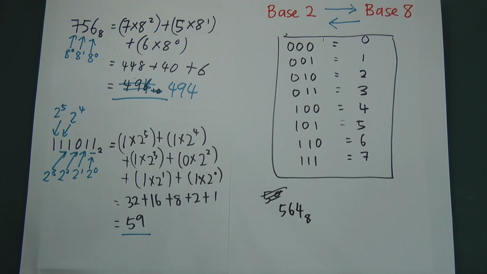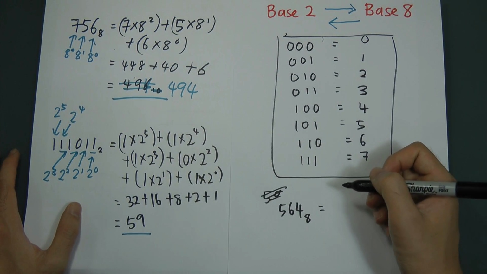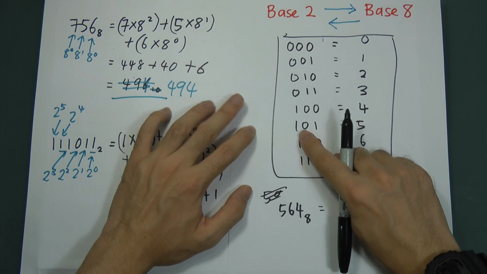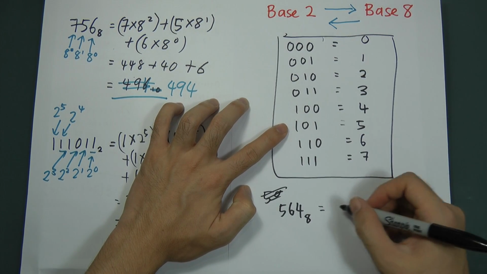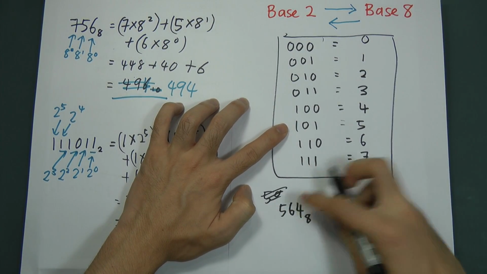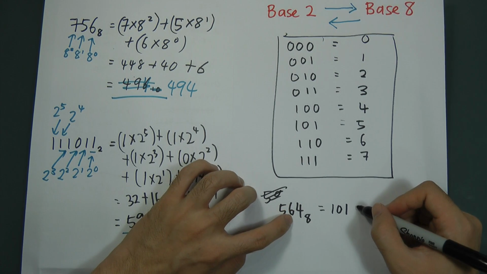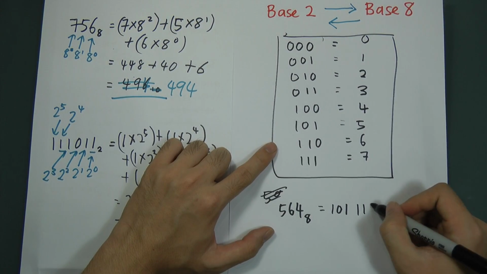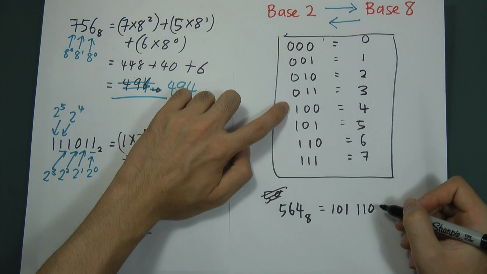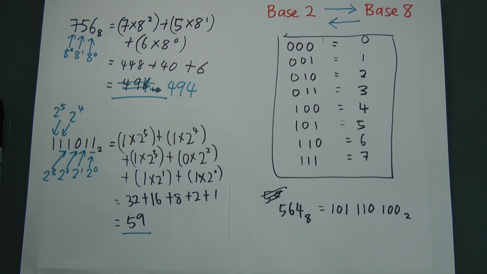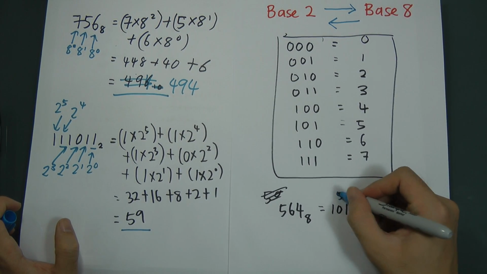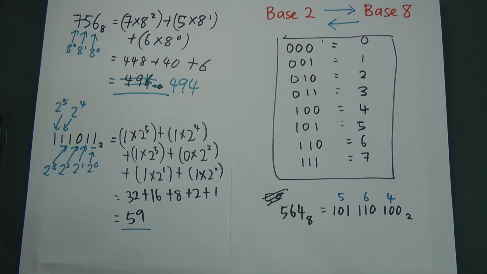Very simple, I follow this table. 5 over here is 101, 6 is 110, and 4 will be 100 in base 2. This is 564 in base 2. This is the quick way to change from base 8 to base 2.